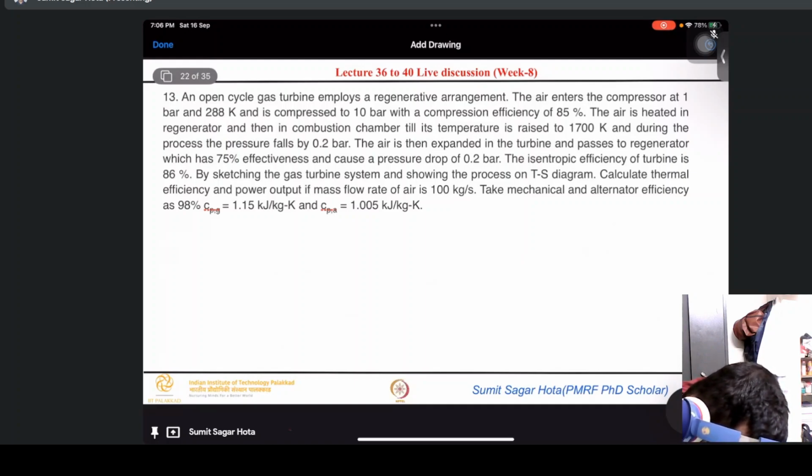By sketching the gas turbine system and showing the process on a TS diagram, calculate the thermal efficiency and power output if the mass flow rate of air is 100 kg per second. Take mechanical and alternator efficiency at 98%, CPG 1.15 kJ per kg Kelvin and CPA 1.005 kJ per kg Kelvin. Okay, these are the things given.